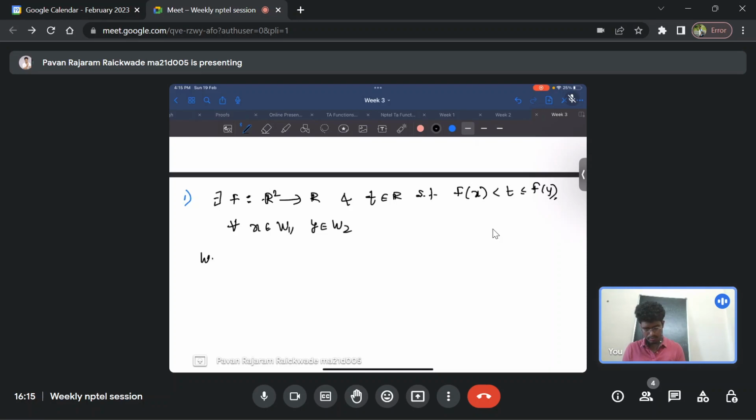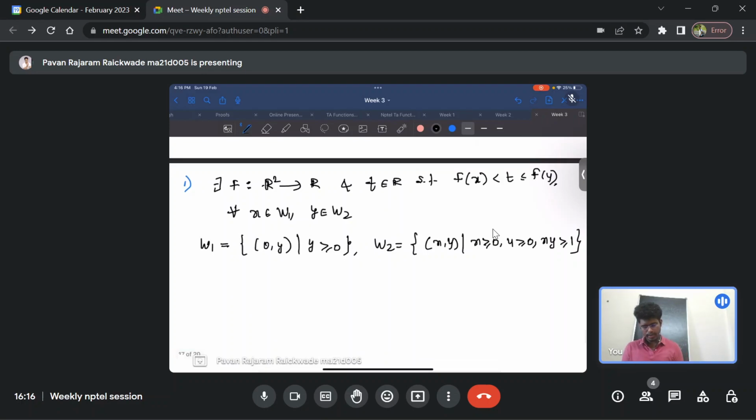So W1 is the set of all (0, y) where y ≥ 0. W2 is the set of all points (x, y) such that x ≥ 0, y ≥ 0, and xy ≥ 1.